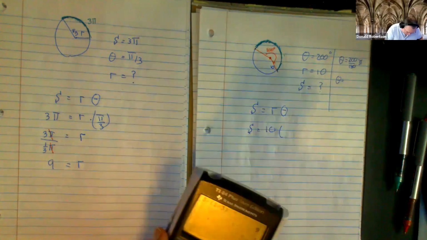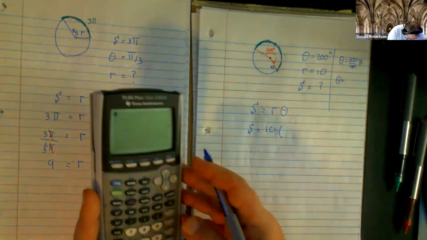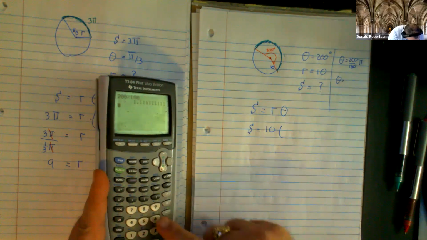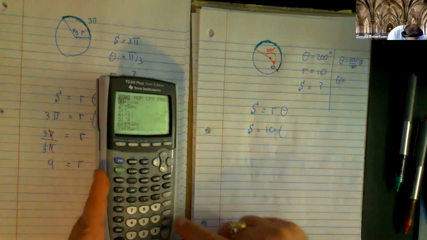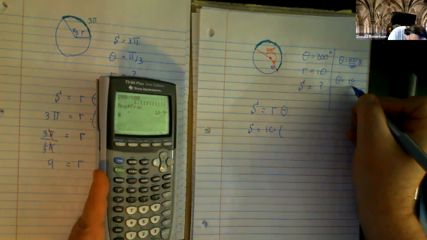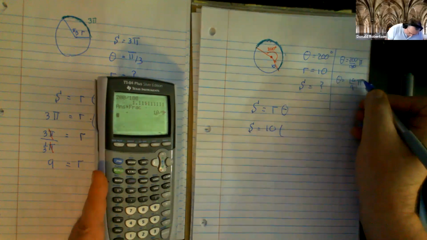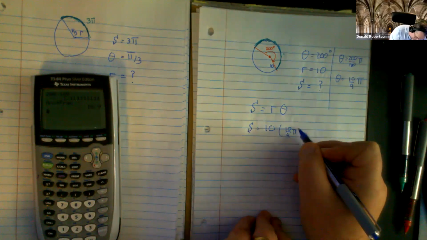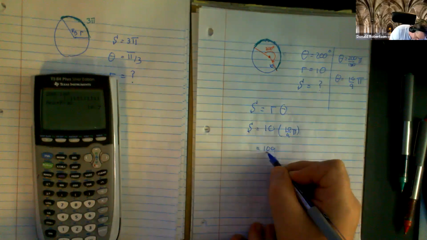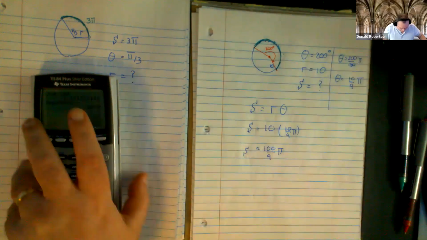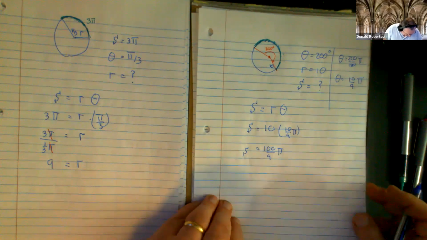Which, if you go down here, you go 200 divided by 180, and then do a little fraction thing on it, it ends up being 10/9 pi. So in this case, the answer is 100/9 pi. That's not the one I wanted. I was trying to find one where the angle was missing.